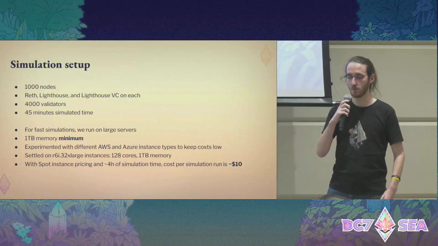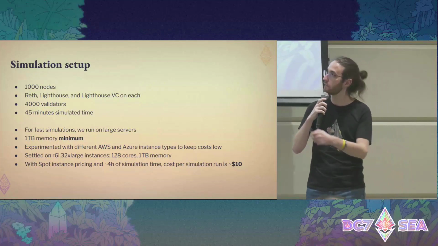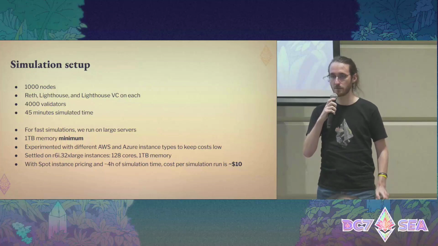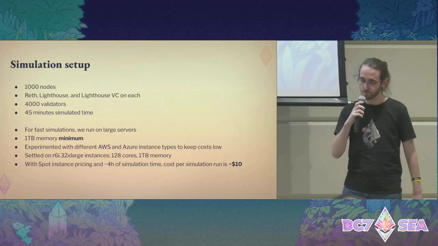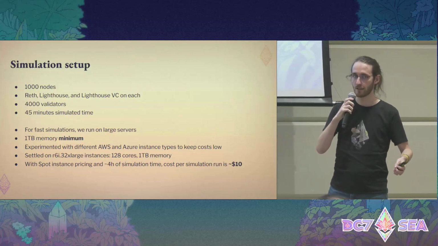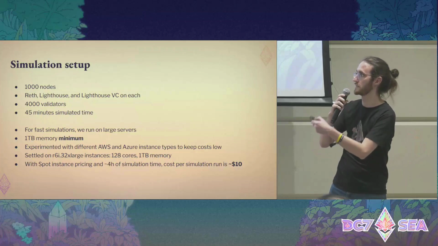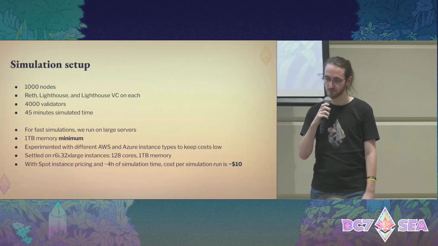My simulations took around 4 hours per 45 minutes of simulated time, and so the cost per simulation came to around $10. But if you want to run smaller simulations, you can also do this on your laptop. You don't need such a beefy server. This is just my setup for the PeerDAS simulations.